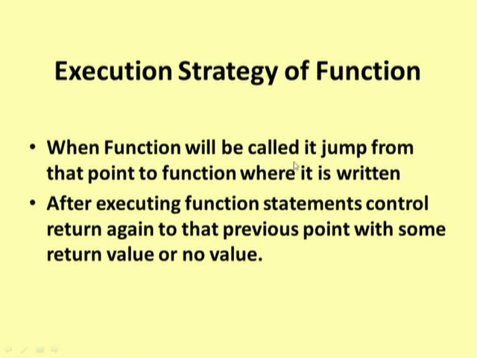The control is transferred from main to the routine of the function where it is written, and then the statements available within the function are executed, and then the control is transferred back to main, to the point from where the function was called. So when a function is called, it jumps from that point to the function. All the statements within the function are executed, and after executing them, control returns to that previous point with some return value or no return value. Okay, we will discuss in detail later what a return value and no return value are.